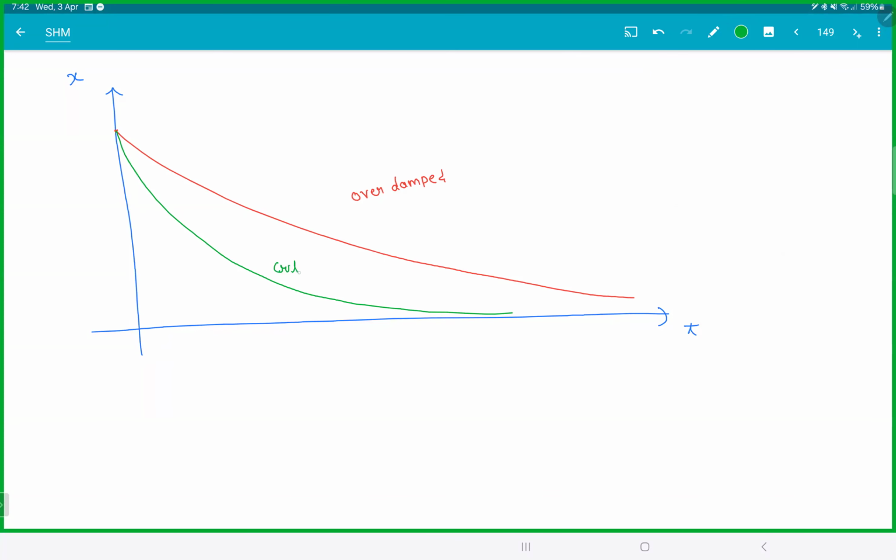There will be no oscillation, but it takes the least time to come back to the natural state. That is an advantage. In critical damping, the body reaches the mean position in least time. That is the difference between overdamping and critical damping. In both cases, there will be no oscillation.